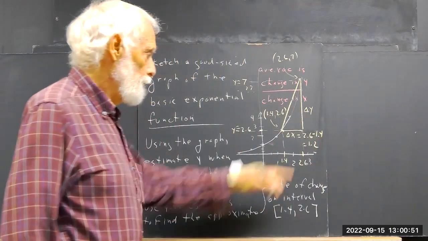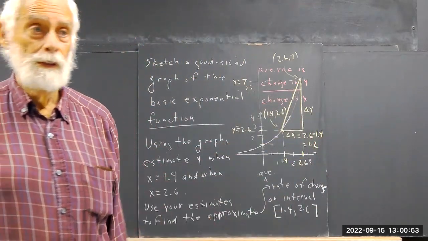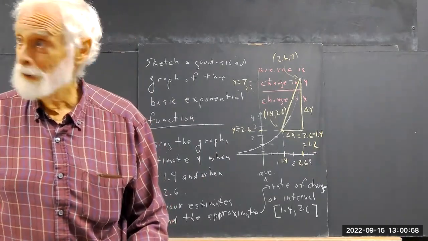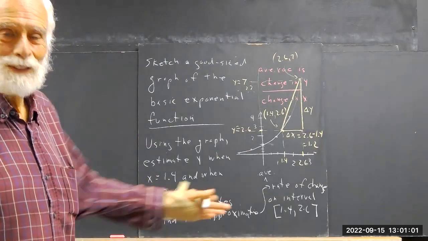It's 1.2. I think a couple of you got 1.2. So you got the same estimate I did. I don't know if that's good or bad, but you got it. Okay. But it is 1.2.